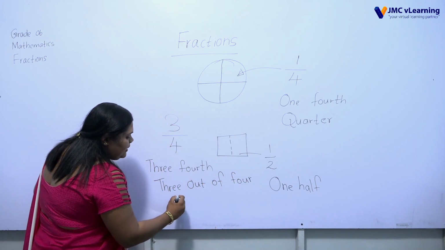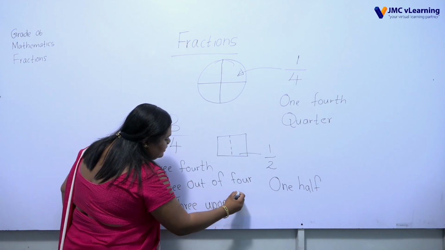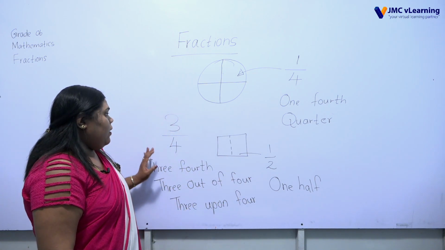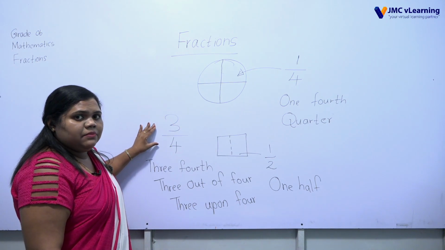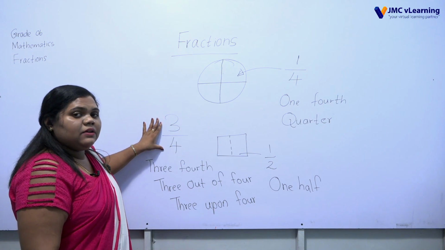Or else we can write 3 upon 4. Are you clear, children? Okay, now I think you are very familiar with this number. So in general form we call this 3/4.